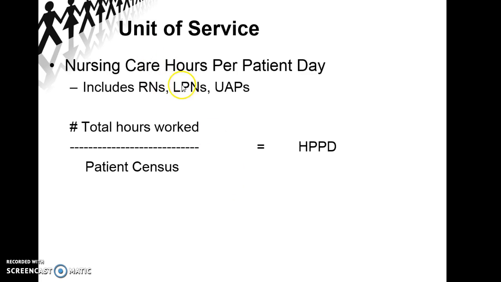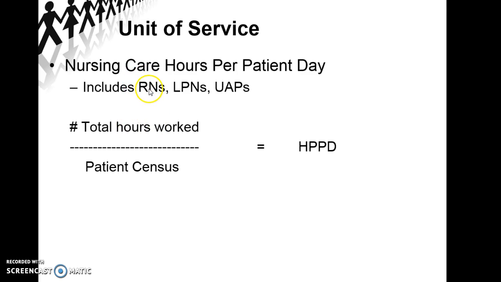So for the sake of simplicity, let's say you only have RNs working. So you have 3 RNs, each working 8 shifts. So that's 24 hours that they worked, because you only have 3, right?